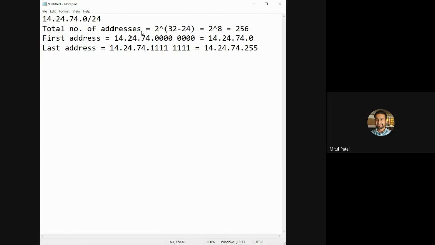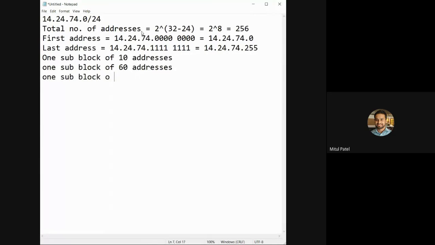We need to divide this into three blocks: one sub block of 10 addresses, one sub block of 60 addresses, and one subblock of 120 addresses.